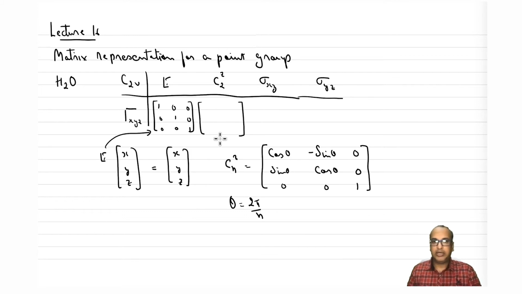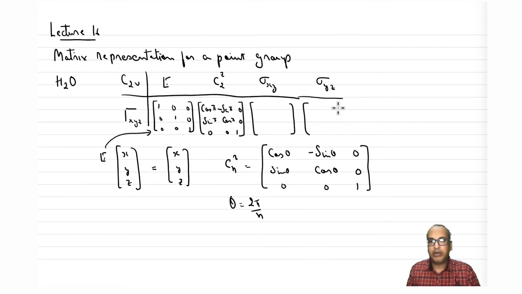So let's continue with this. Cos pi, what is cos pi? I leave it for you. Cos pi, minus sin pi, 0; then sin pi, cos pi, 0; 0, 0, 1, right?